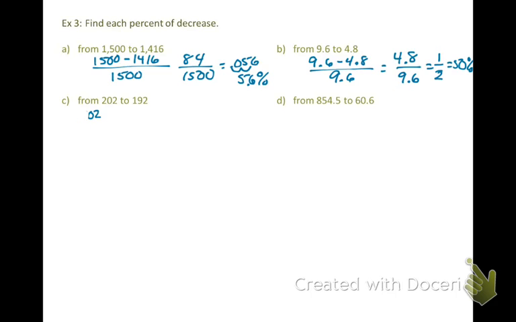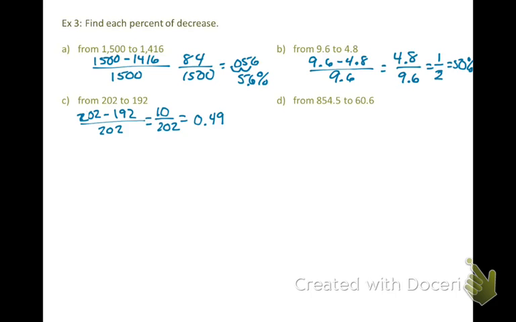202, sorry, not 302, minus 192 over what? 202. What's 202 minus 110, over 202? And what's that decimal? 0.49, but you round that to like 5. 0.05.